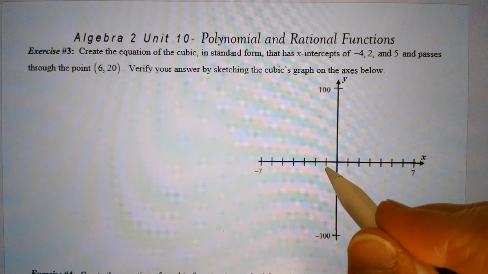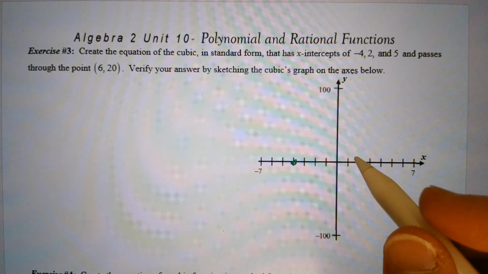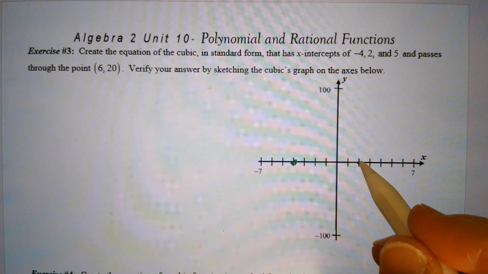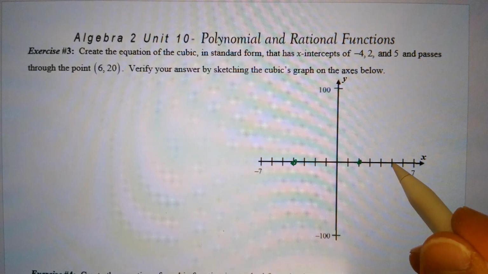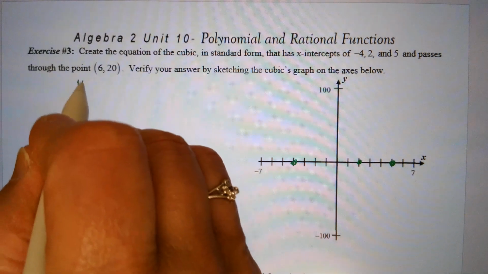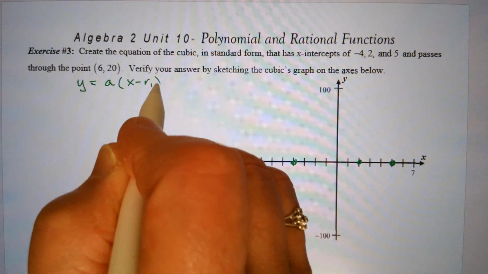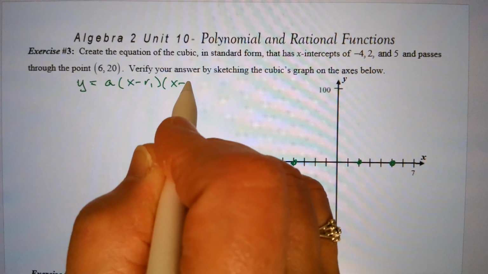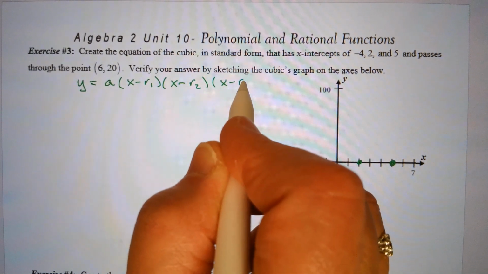So our x-intercepts are -4, +2, and +5. We start with our shell, y equals a times x minus the first root times x minus the second root times x minus the third root.